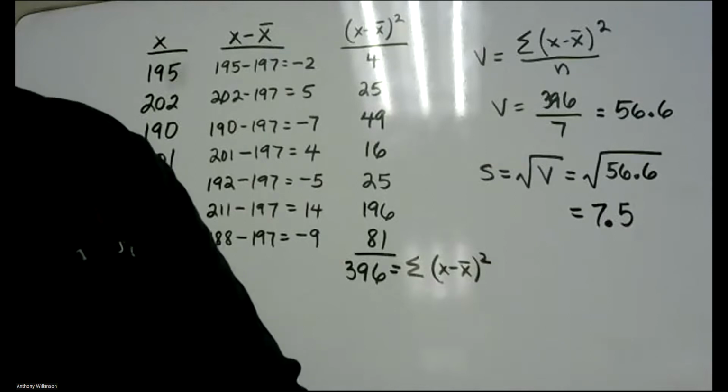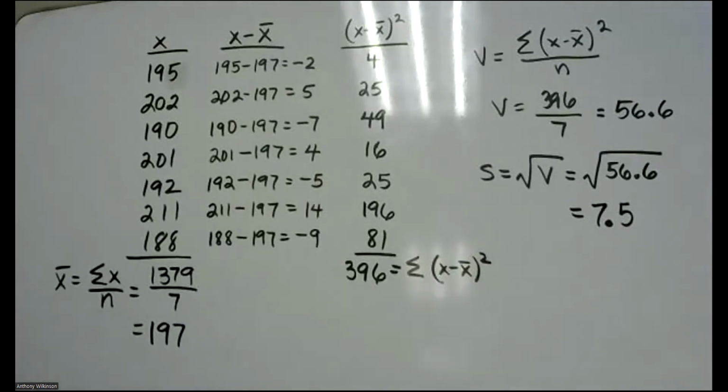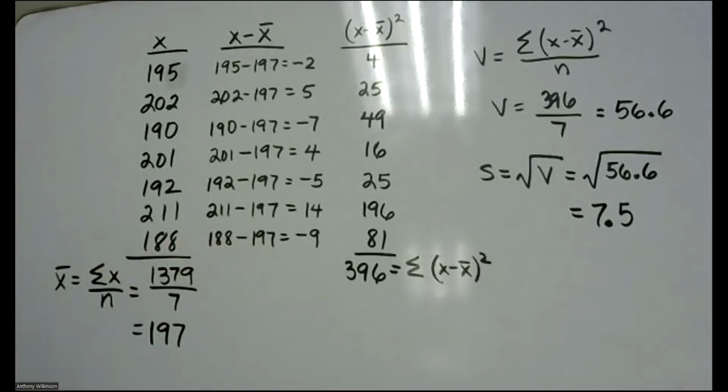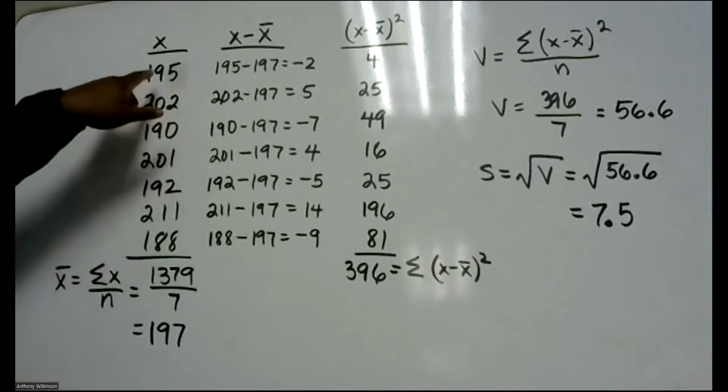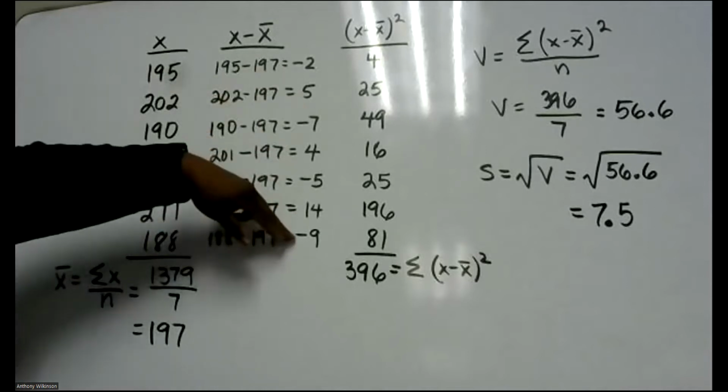All right, any questions about finding the variance and the standard deviation of a data set? Okay, so pretty much we just had to follow these steps that were given on your handout. We first had to find the mean, subtract the mean from each individual data value, and you'll get these numbers here.